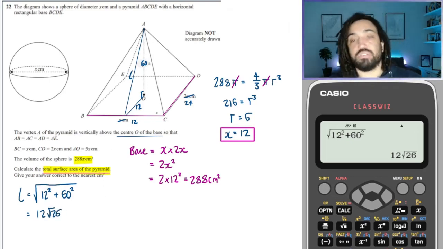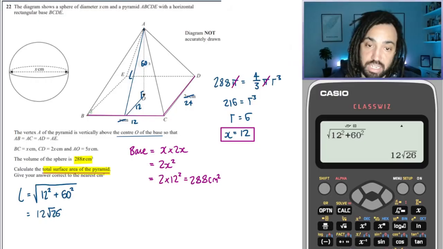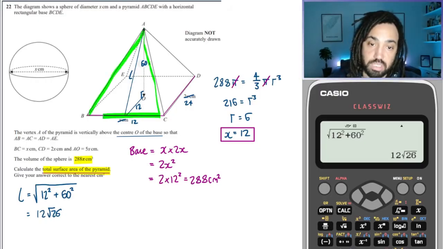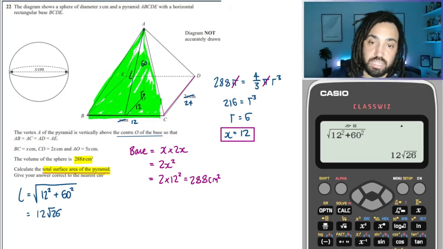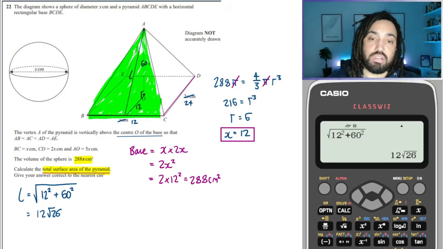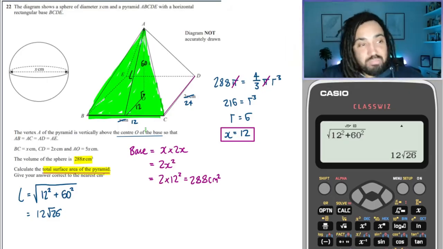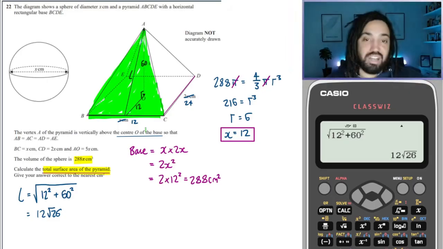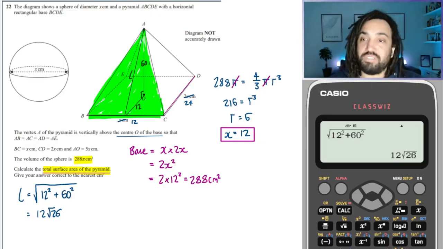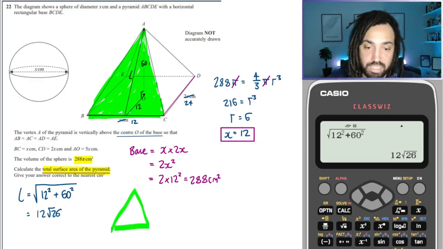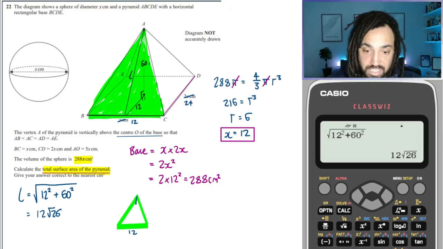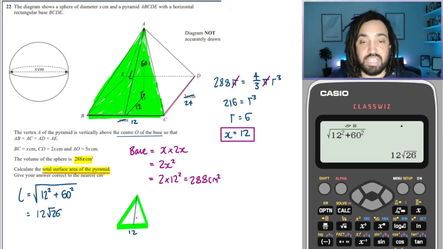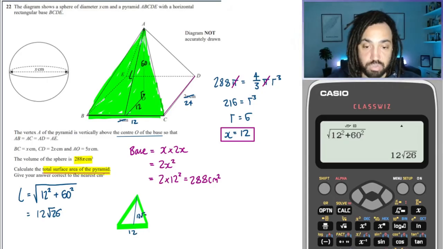Now I've done that because if we look at this triangle here, the one at the front, this big green triangle, that's pretty messy, I'm sorry about that. Anyway, that triangle there, we know the base, and now we know the perpendicular height, because the perpendicular height is L. If I was to draw that out in 2D, it would look like this, and we would know the base was 12, and the distance from the top right down to the midpoint is L, which is this 12 root 26.